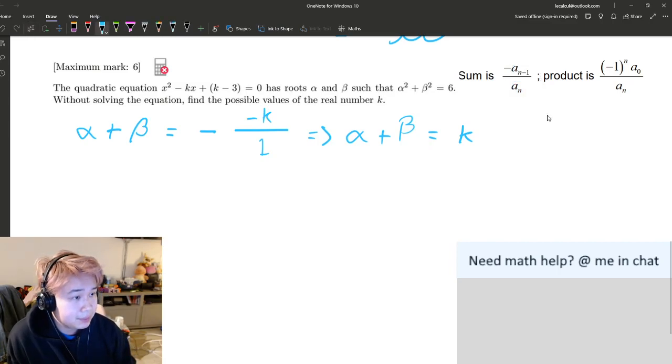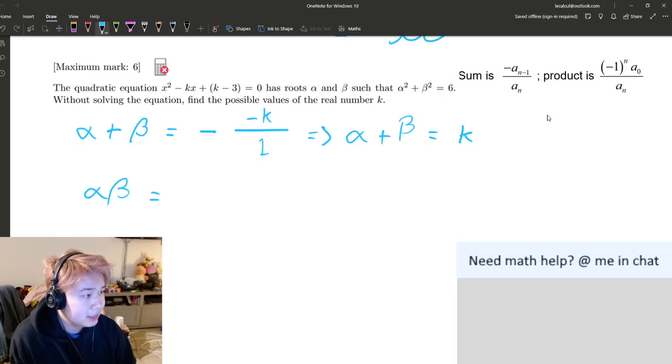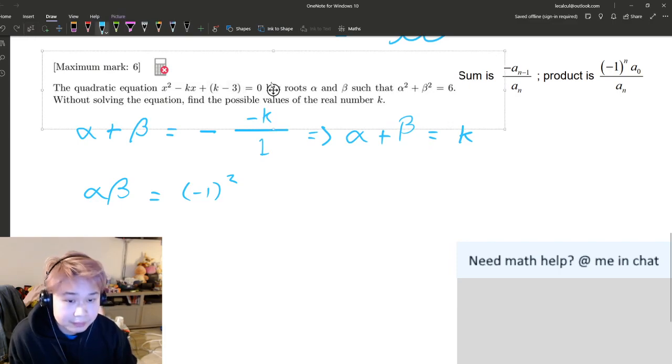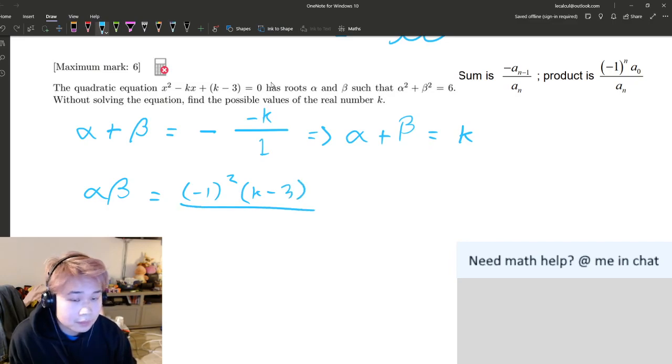And at the same time, we can use the second Vieta formula, and that says that the product of the two roots is negative 1 to the power n, where n is the degree, so negative 1 squared, because we have a quadratic, times the last term, which is the constant, k minus 3, and then of course divided by 1.